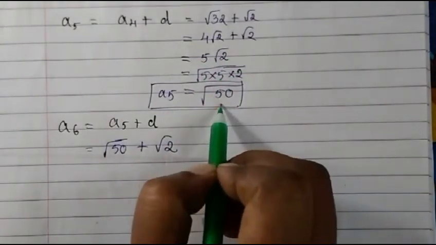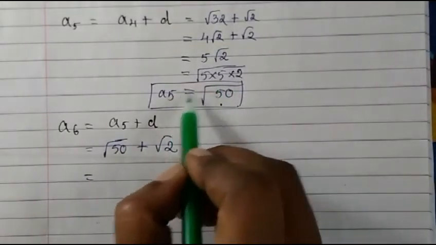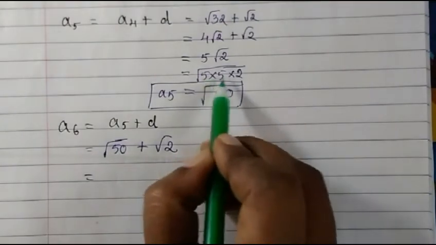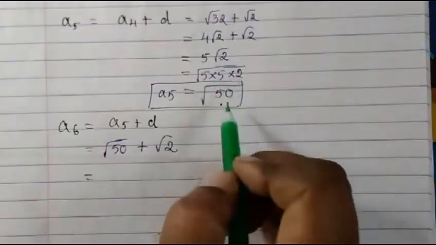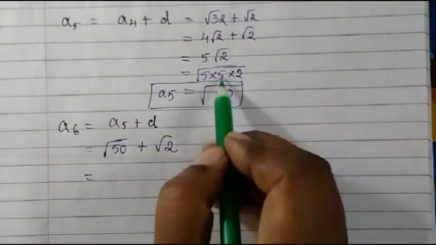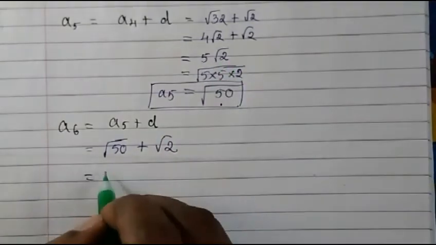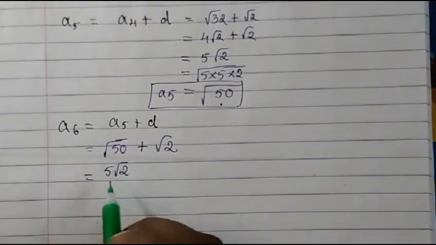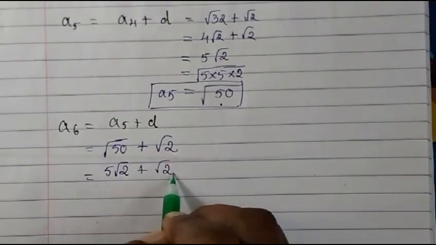This root 50 we have written here, and root 50 also can be written like this. That is because this is what became 50, right? When 2 times, then it became 5 5s are 25, and 25 into 2 will give us 50. So if we take it out or factorize it, this is what we will get. So we can write 5 root 2 plus root 2, right?